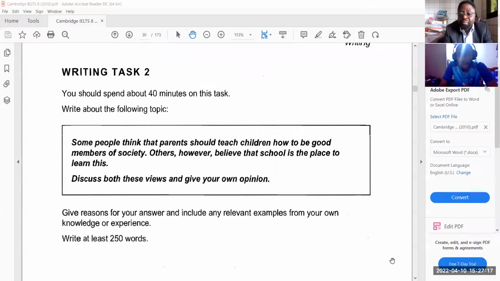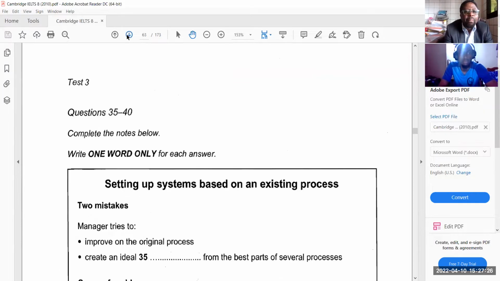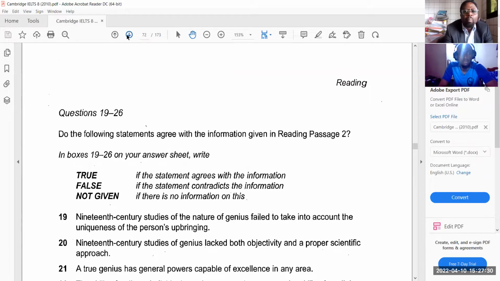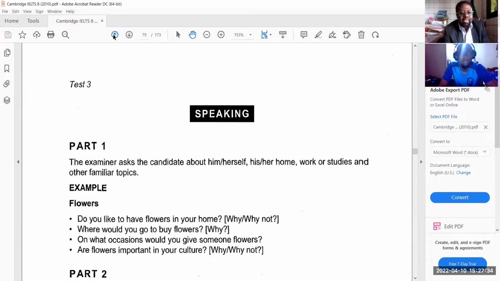So Okay. good, let us take another topic. This is 30, so let's go to 60. Okay. Good, writing task 2. Can you see it?